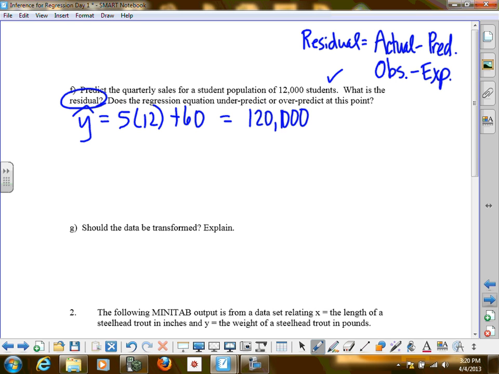So let's talk about this. Expected is 120,000. That's what is on our prediction line. What's observed? What was observed at x equals 12? Where do you go to find that? Ah, very good. On the front.